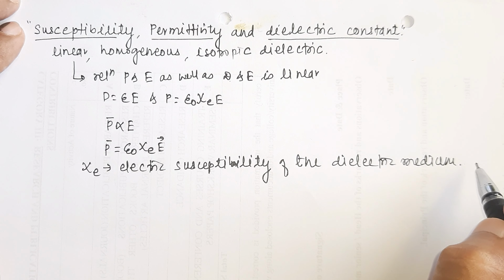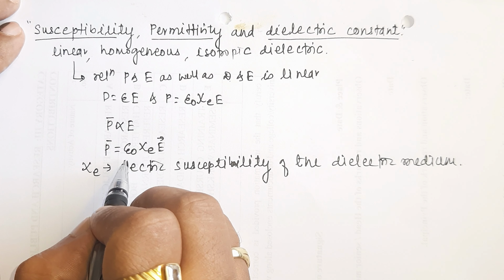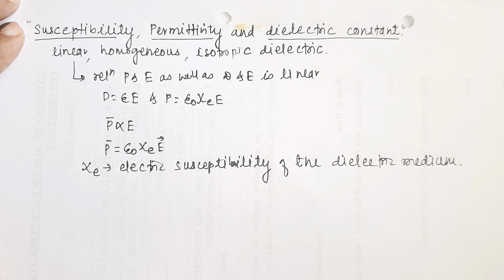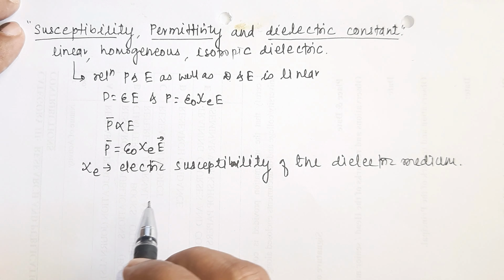And epsilon 0 is placed as part of the constant of proportionality, such that chi E becomes a dimensionless quantity.